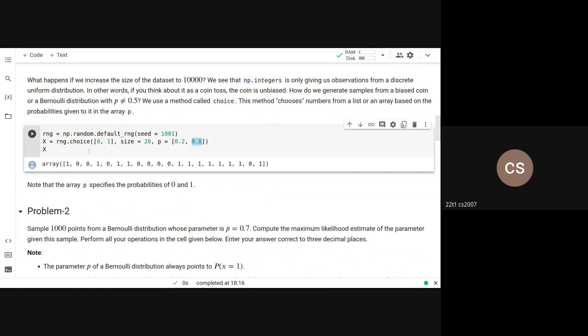Now this is a biased coin. If you look at the 20 observations here, you'll see that they are predominantly 1, so most of them are 1, which is a reflection of this bias. Okay, did everyone get this part? What we are trying to do here?